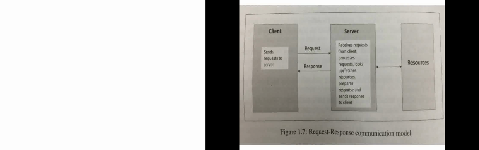Let us see each of these in diagrammatic form. In the request response communication model, there is a client and there is a server. The client sends a request to the server. The server receives the request from client, processes the request, looks up, fetches resources, prepares response, and sends response to client.